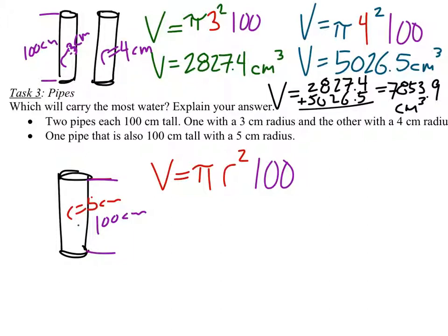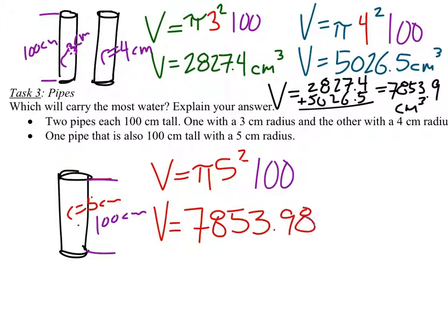And the radius on this one is 5 though. So my volume on this, that's good. So this one gave me 7,853.98 on this one. And that one is also in centimeters cubed.